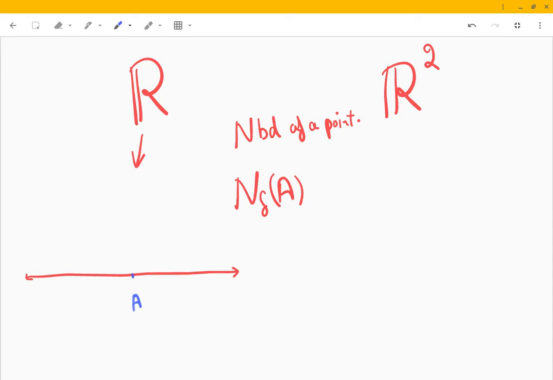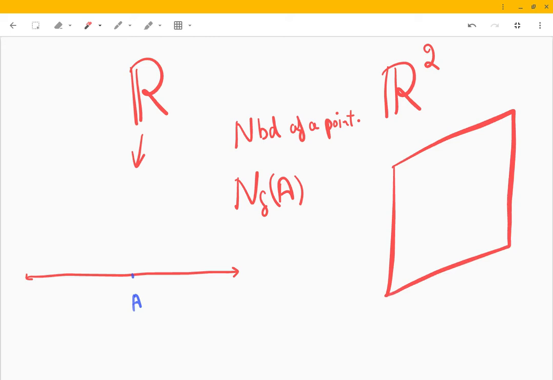And simultaneously, this is our plane, right? And here's the point A. Now we know that there are infinite points on the real line as well as everywhere in this plane, right? Infinite points.